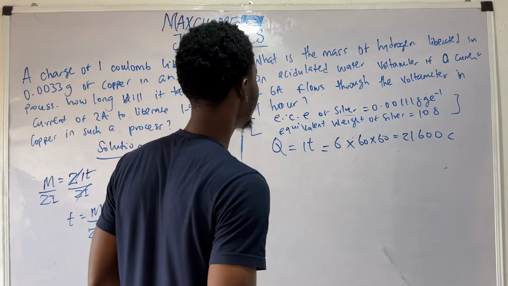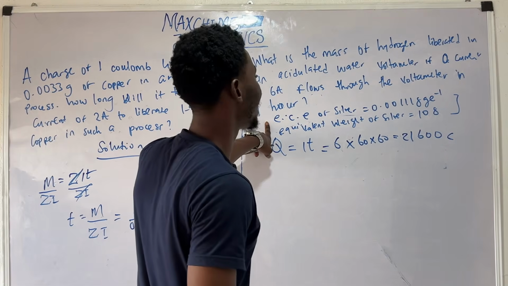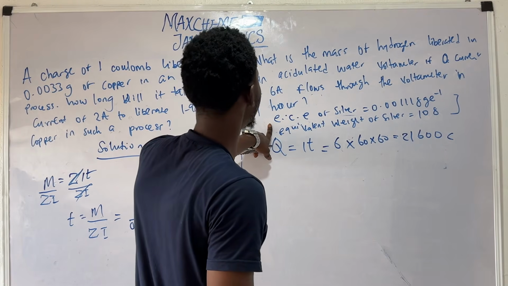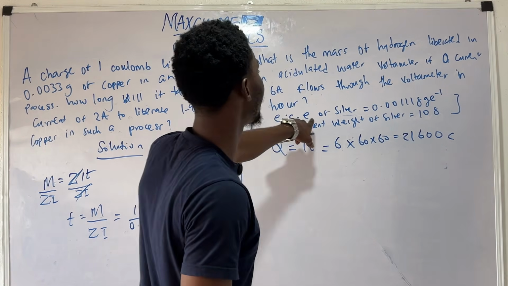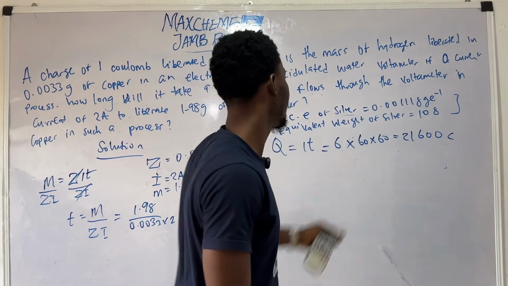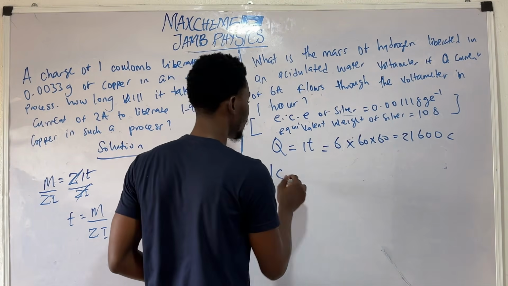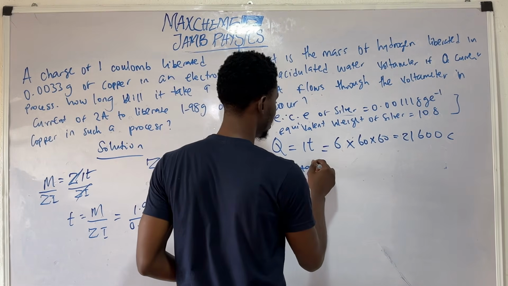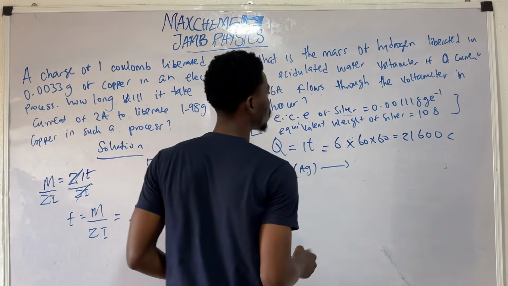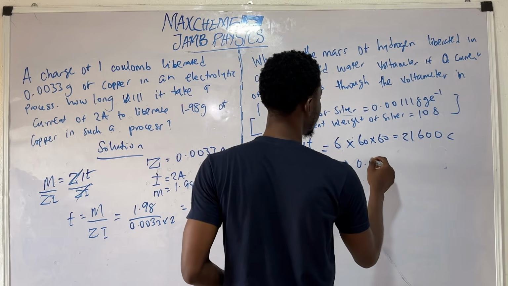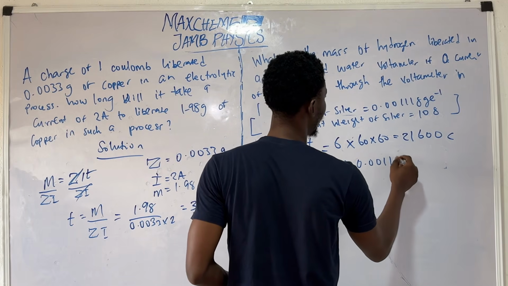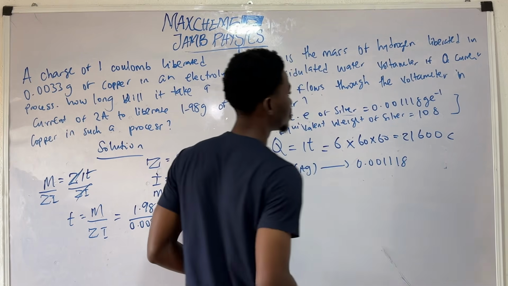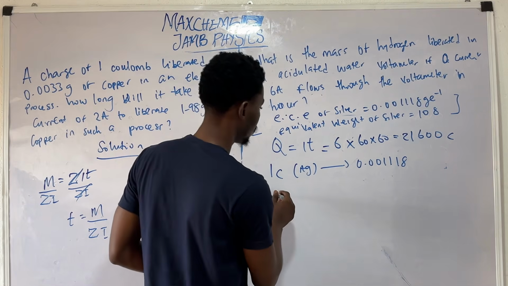Now, if you look at what we have in the brackets from the question, the electrochemical equivalence of silver is given as this. That means 1 coulomb of electricity for silver, Ag, is equal to 0.001118 grams.